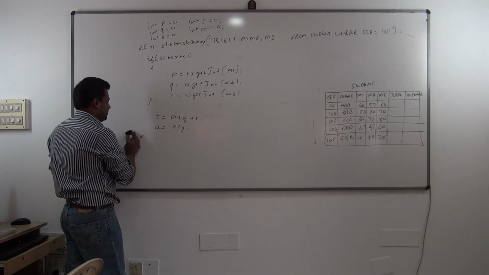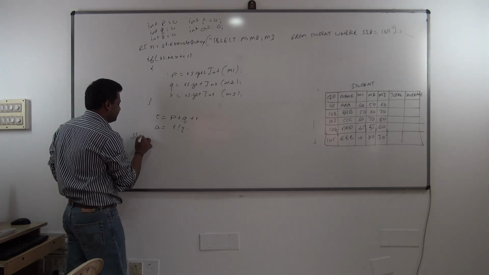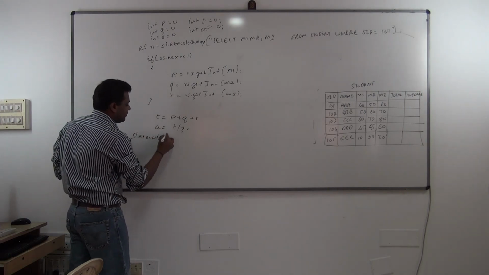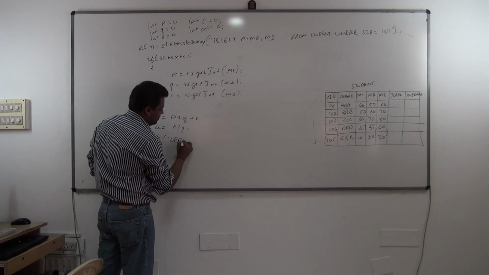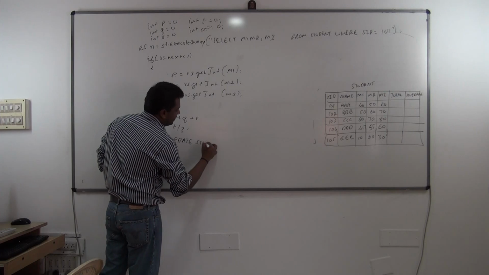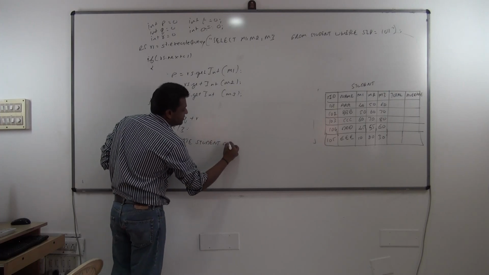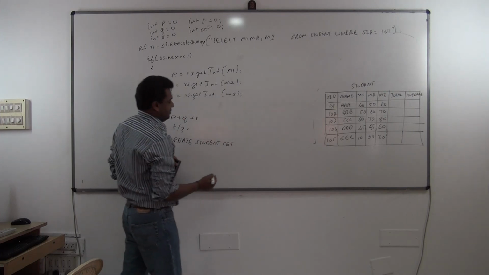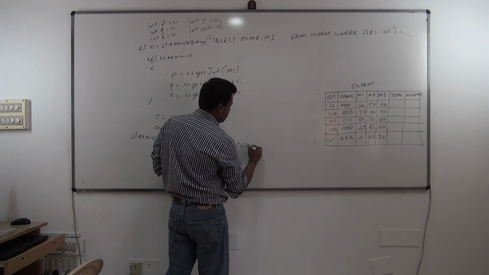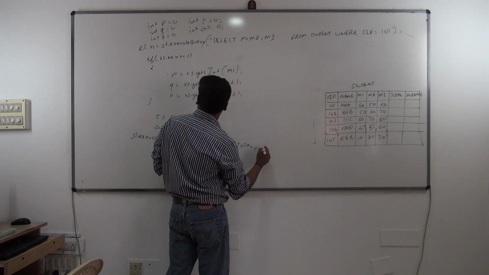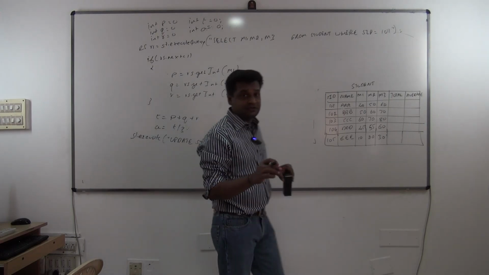So how will I do it? I have to write again: st dot execute. What will I do? Update, you have to do. Good. Update student set total is equal to T, means single quote, double quote you have to use.